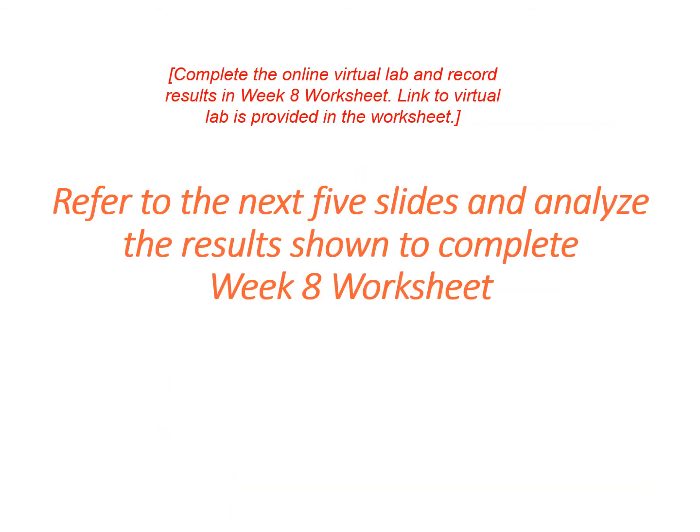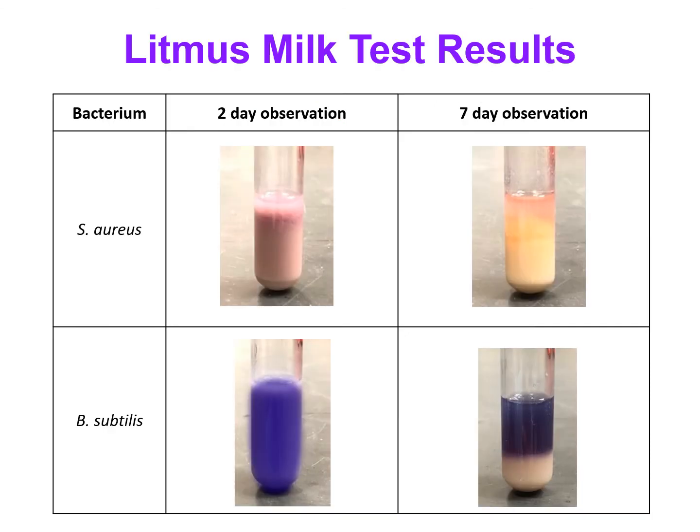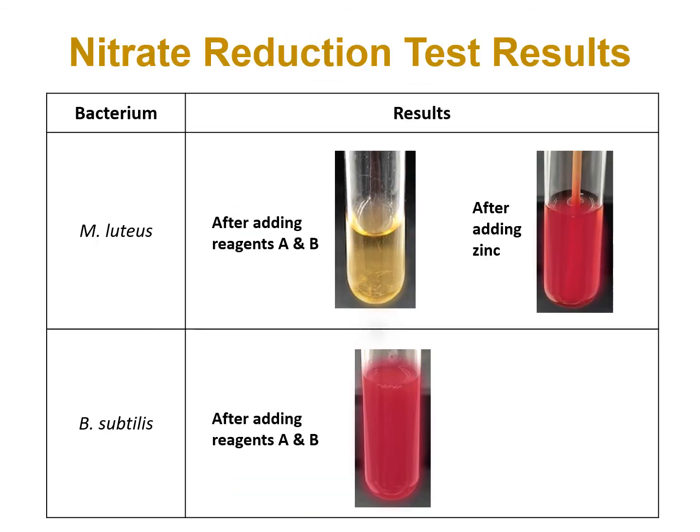There are a few virtual labs, and they are embedded in the worksheet itself, by the way. And you will again see some slides right here, and you need to figure out the results.